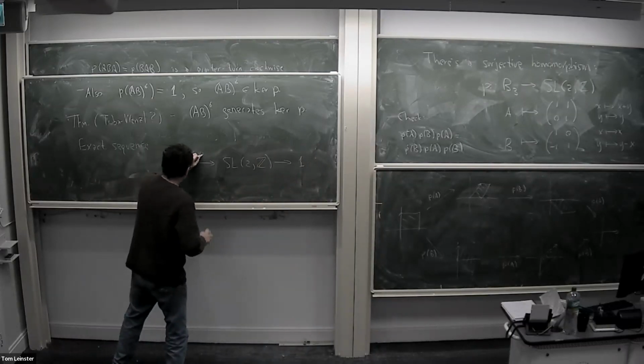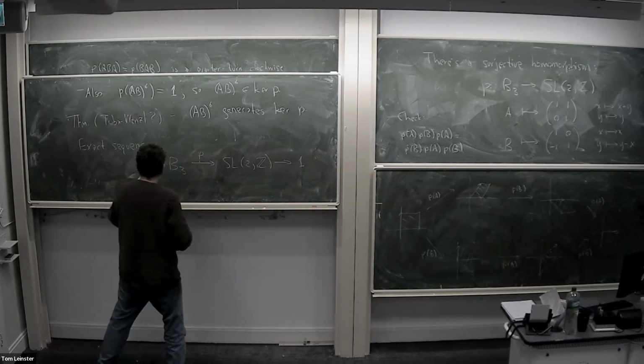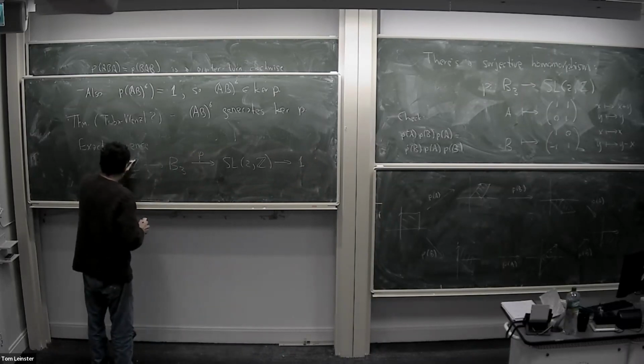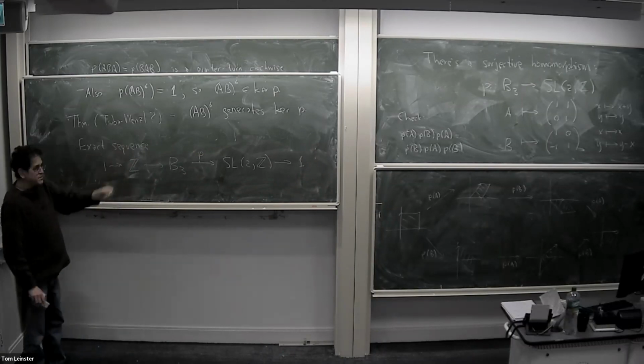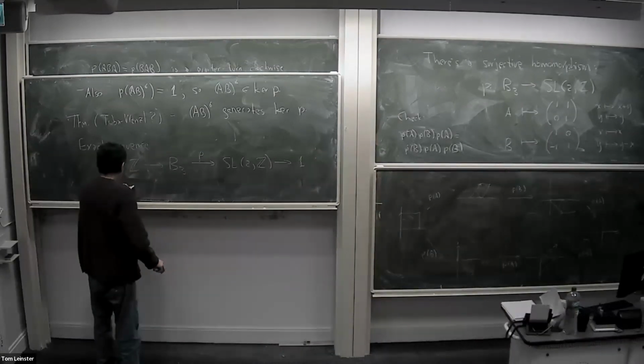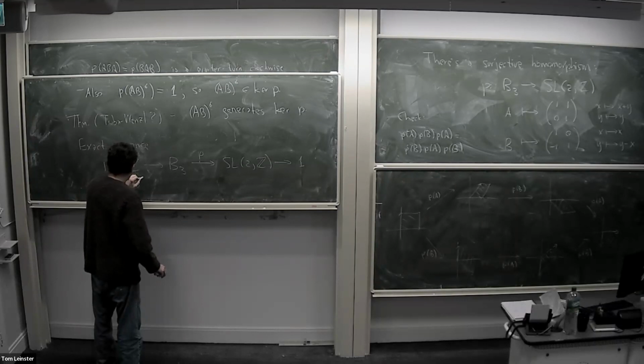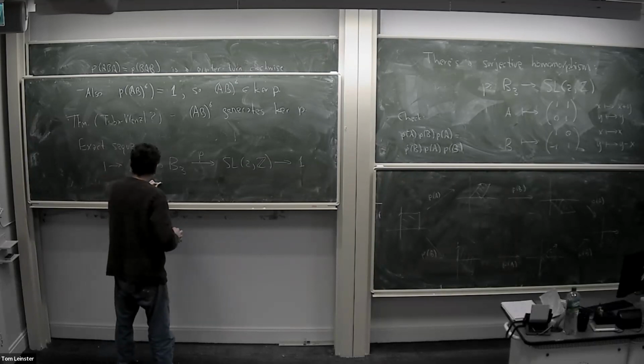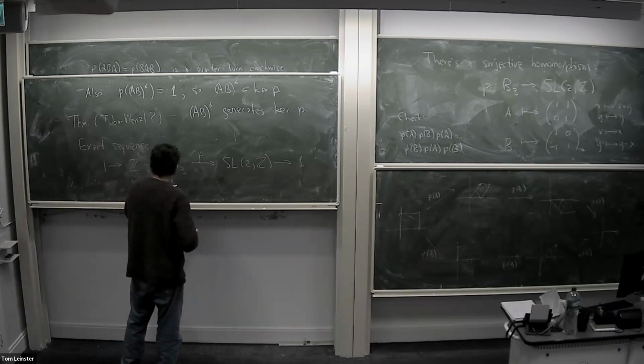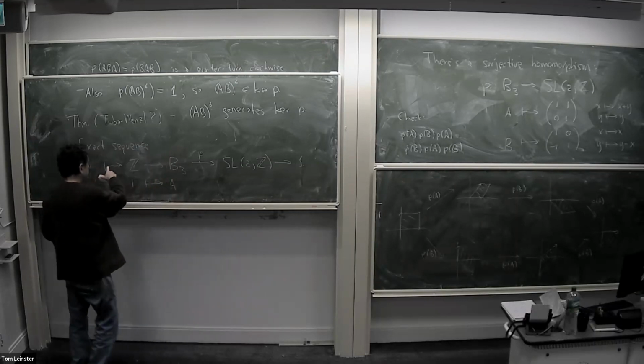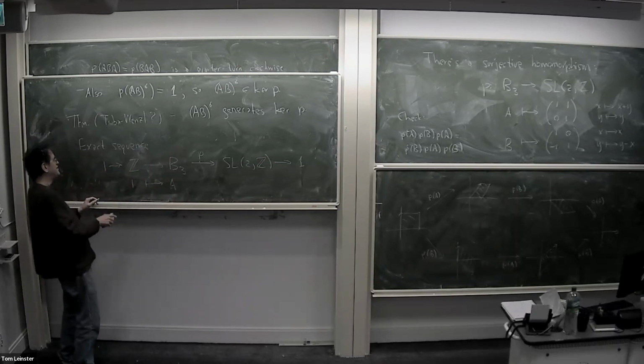And this is P. And then the kernel is a copy of Z, the integers, generated by AB to the sixth. So the number 1 in here is getting mapped to AB to the sixth. Well, over here, it's written additively.